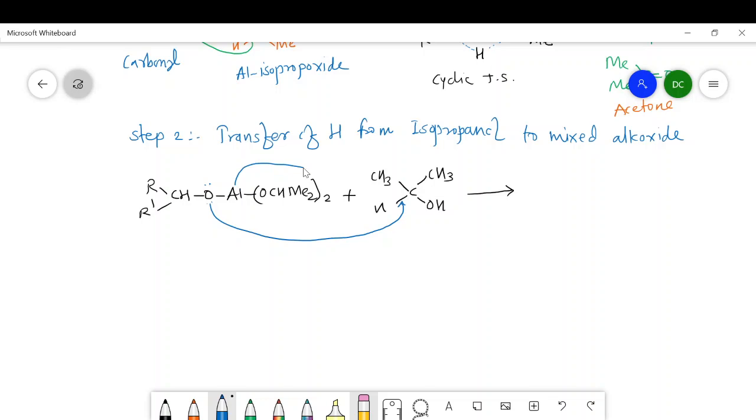So finally we get RCHOHR', an alcohol. It may be a primary alcohol or a secondary alcohol. If an aldehyde is used as the reactant, then we get a primary alcohol. If a ketone is used, we get a secondary alcohol. And finally, we get aluminum isopropoxide back as it was.